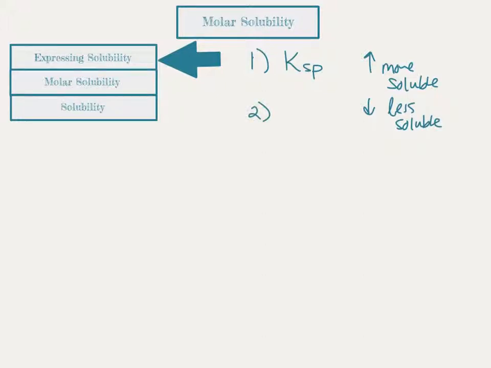Another way of describing solubility from an earlier chapter is by describing how many grams of the solute dissolve in a certain volume of solution. The last way that we're going to talk about today is called molar solubility, which describes the number of moles of solute that fit in a liter of saturated solution.